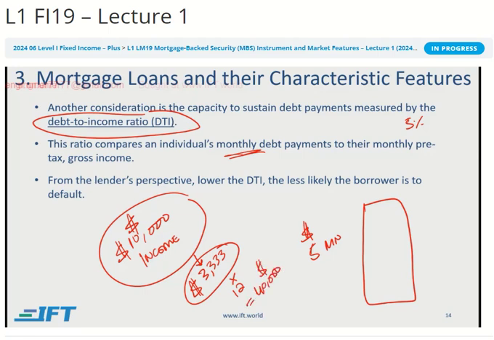And if 5% is the interest, then this divided by that gives you the maximum loan amount we can give them: $800,000, which is nothing compared to the value of this property. So clearly what we will tell this person is, hey, you cannot afford to buy a property of 5 million.